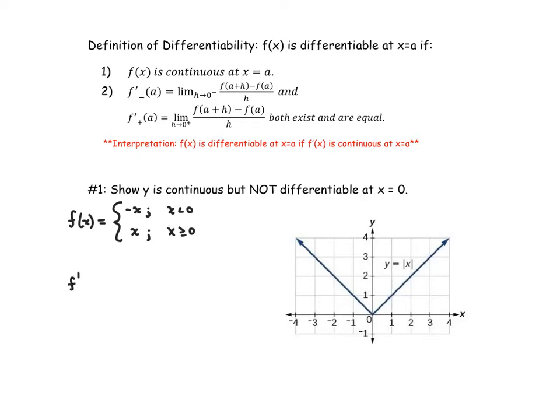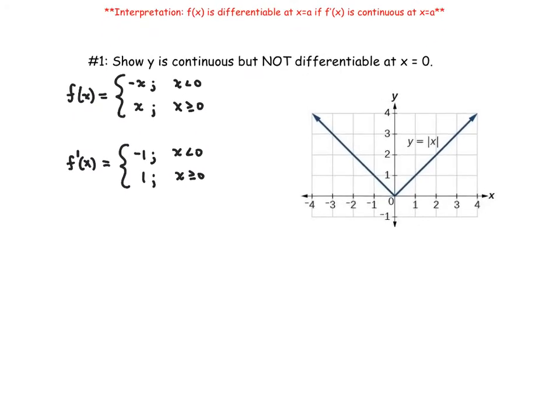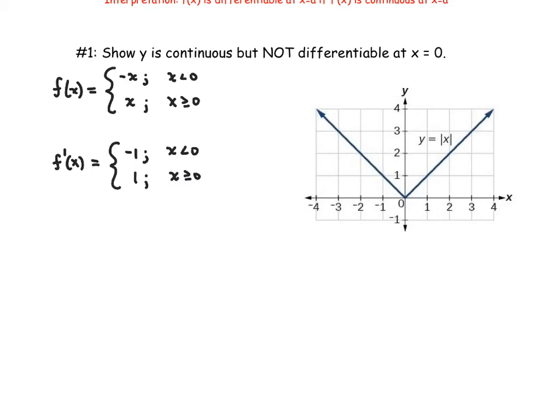Therefore, its derivative function would be equal to negative 1 when x is less than 0 and positive 1 when x is greater than or equal to 0. So can I show that f prime of x is not continuous, right?